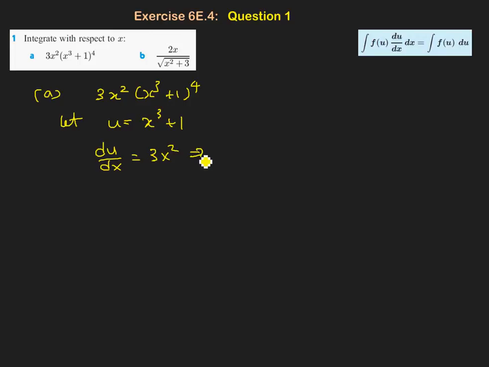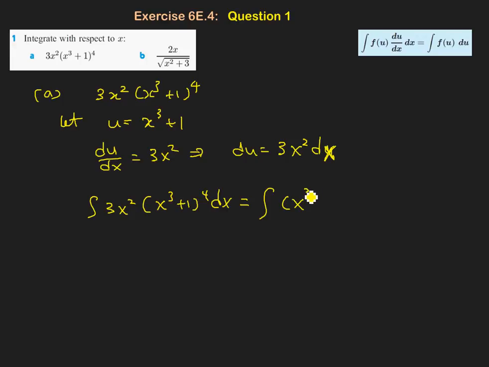So that means du is equivalent to 3x squared dx. Alright, and our task is actually to integrate this. So we're going to switch the position for a very good reason.